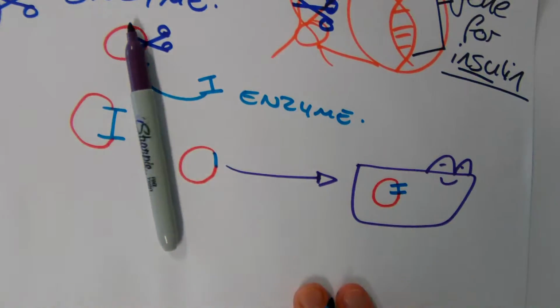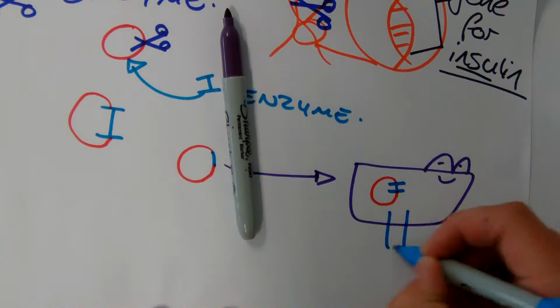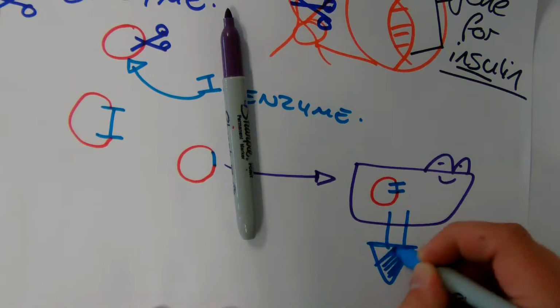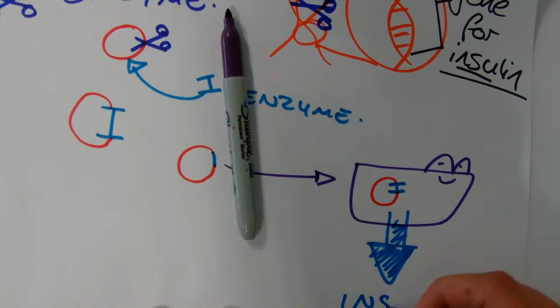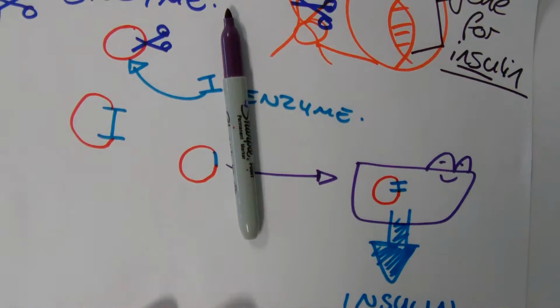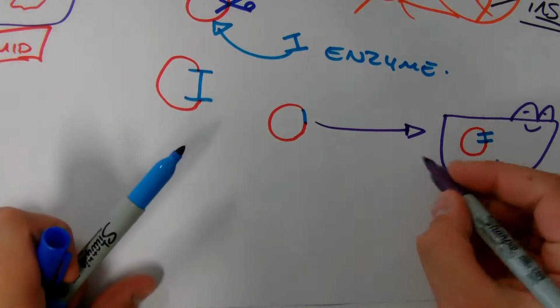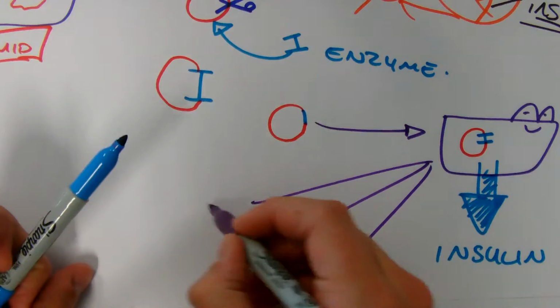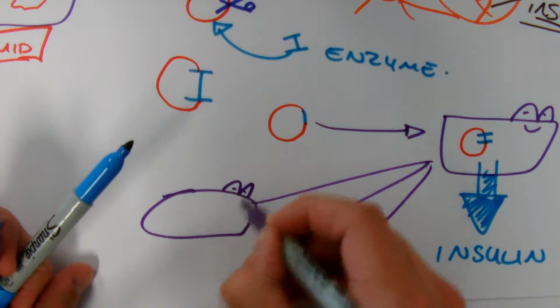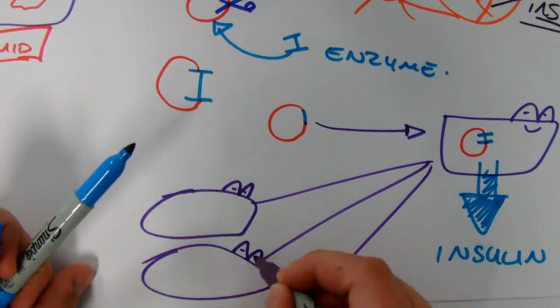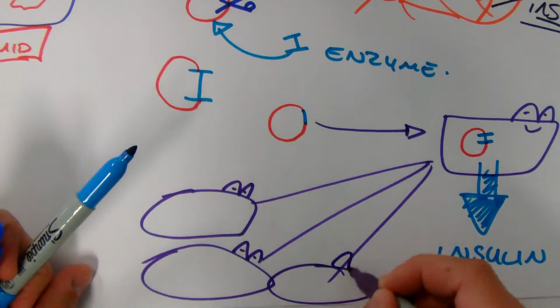Now this is useful, because now that my little lad is producing insulin, all I have to do is chuck him into the right conditions, and he's going to start multiplying. So eventually, my little insulin-producing bacteria will multiply to make lots of insulin-producing bacteria.